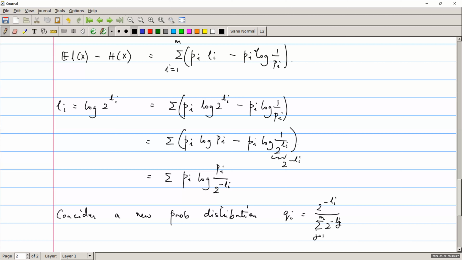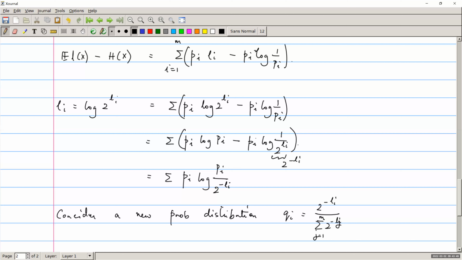Now this is a probability distribution because each of these, 2 to the minus li, is less than 1. So this is less than the summation of 2 to the minus li, so this ratio is also less than 1.